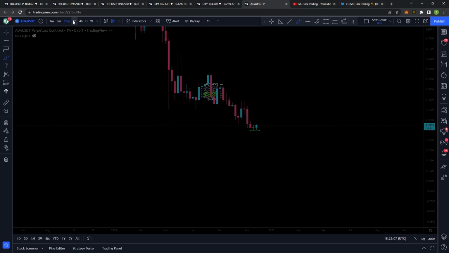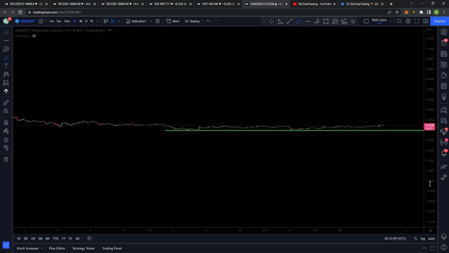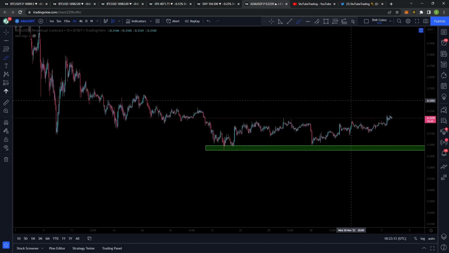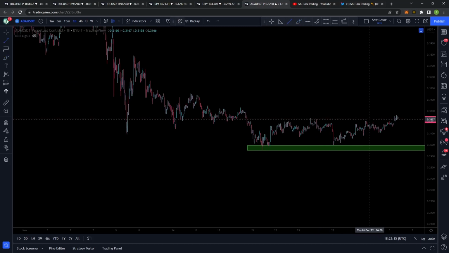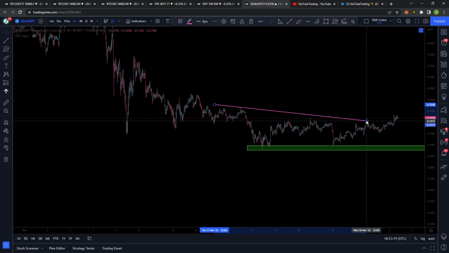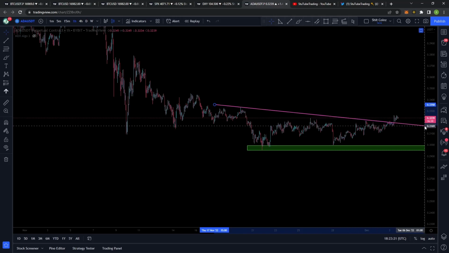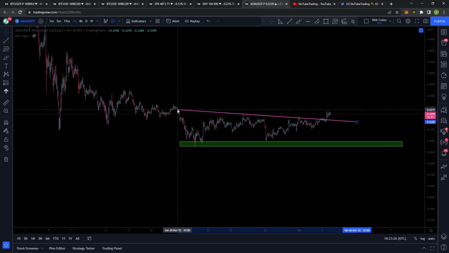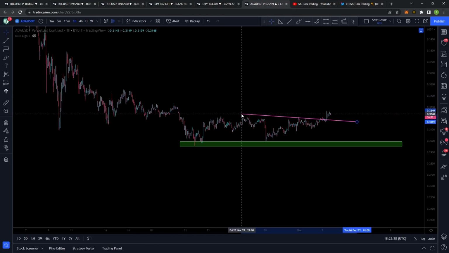That's interesting. Go to the hourly chart here. I'm just going to freestyle map out some stuff, see if we can find any interesting patterns. I want to find at least 3 touch points.